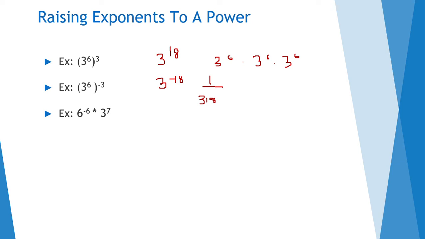So if we regard this 6 as 3 to the power of 2, we can have 3 to the power of 2 on the inside, and then to the power of negative 6 on the outside, which means that we can use the power rule here and then use our multiplication rule. So we'd have 3 to the power of negative 12, because 2 times negative 6 is negative 12.